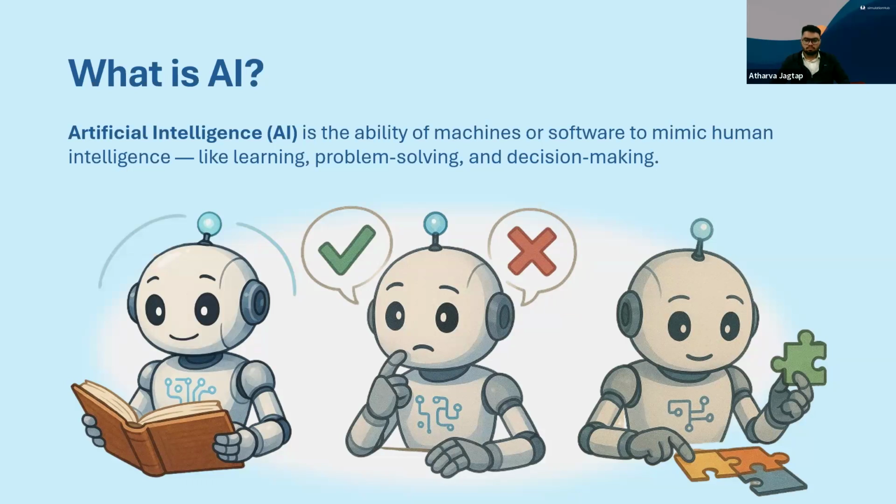So we'll first start with what actually AI, artificial intelligence, is. We can consider artificial intelligence as software that has learned from some data. It is able to make decisions, and on those decisions it will solve some problem just like we usually do.